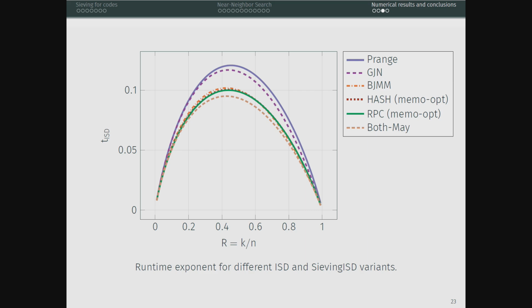BGMM is the algorithm that works best in practice. You can see that our hash and RPC memory optimal versions are even slightly better than it in the asymptotic running time. Nevertheless, we are still not reaching the BJMM approach. That is the best in the asymptotic sense, but still yields a very high overhead in the practical setting.